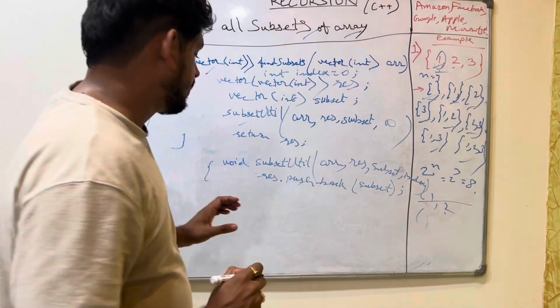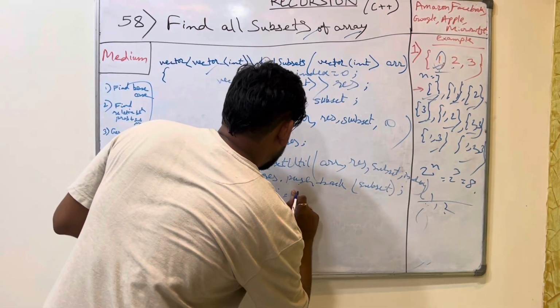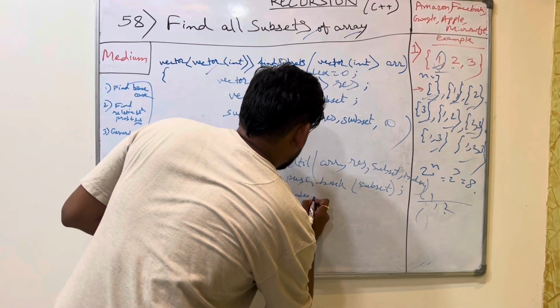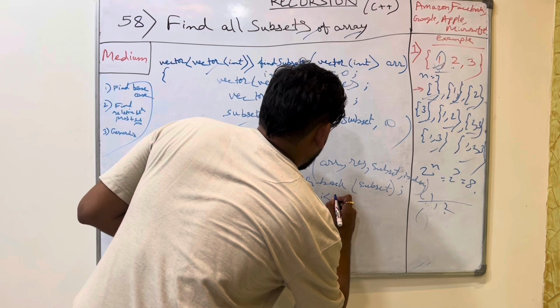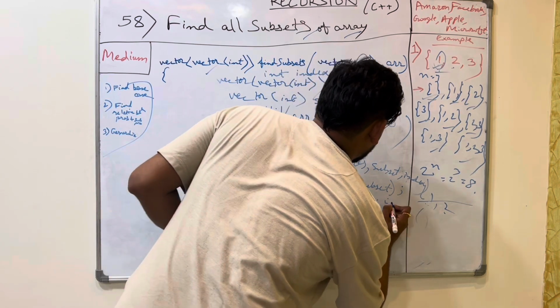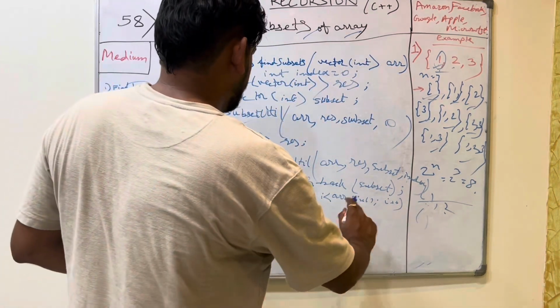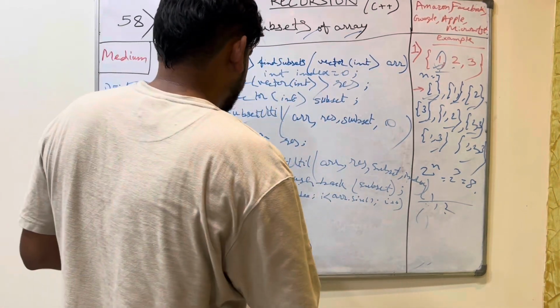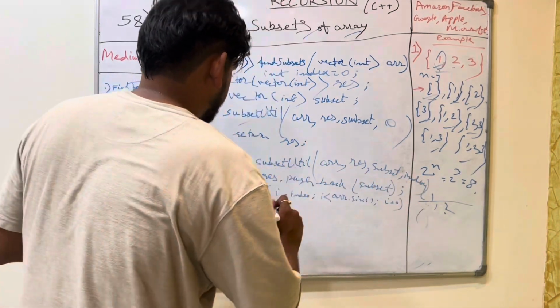Now we will use a loop for i equal to index, i less than array dot size, and i plus plus. Here we push this index element to the subset.